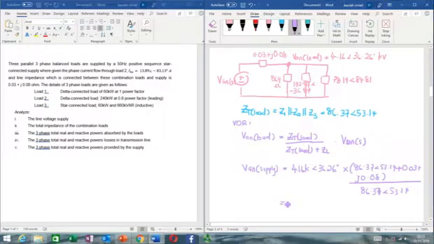So answer plus 0.03 plus j0.08, divided by answer, and multiply with 4.16k angle 36.26.